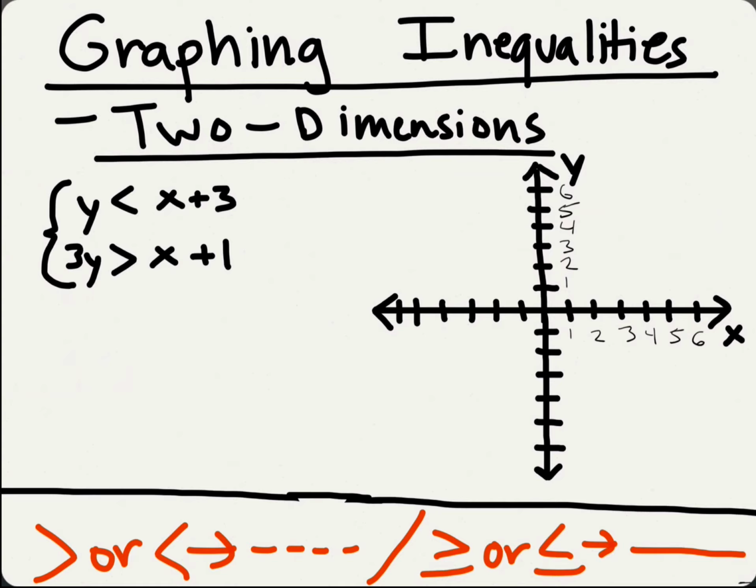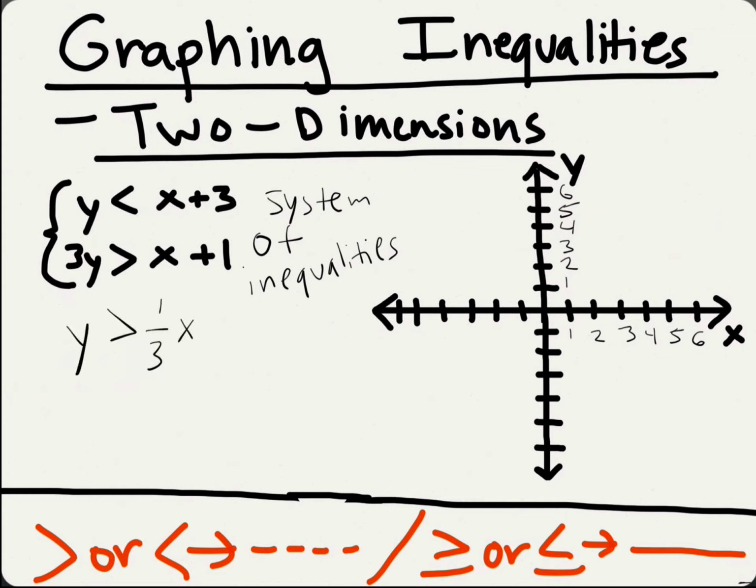This is called a system of inequalities, by the way, just like a system of equations, but with inequalities in their place. We divide both sides by 3, so we get y is greater than 1/3 x plus 1/3. And that's this equation right here.